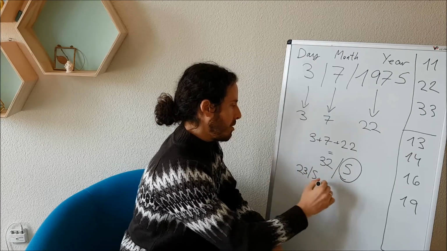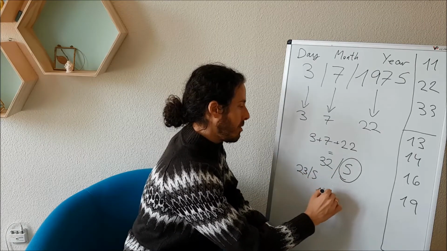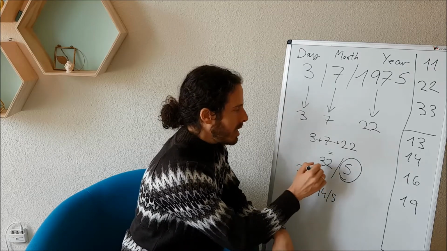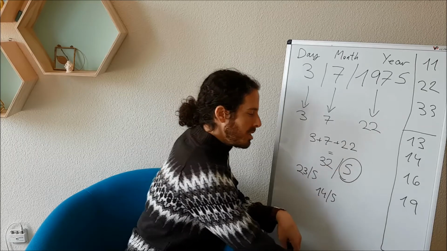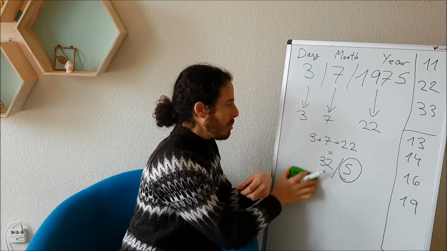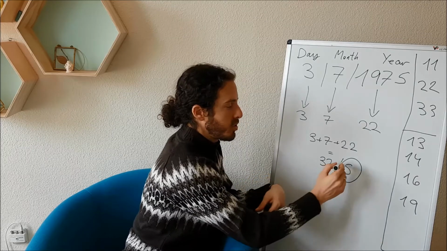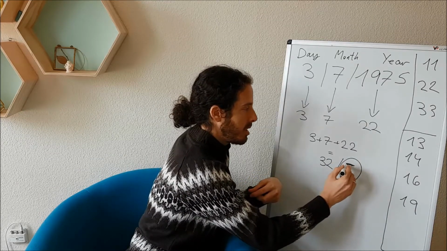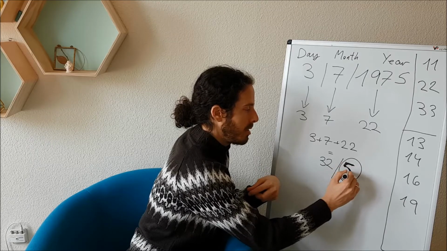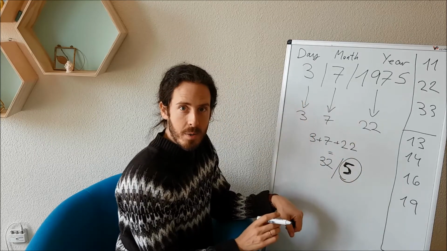It can be 14, 5, etc. So you kind of want to keep the last 2 digits that make up the final reduced heart number, but this is definitely the most important number, the reduced single digit, the number 5 in this case.